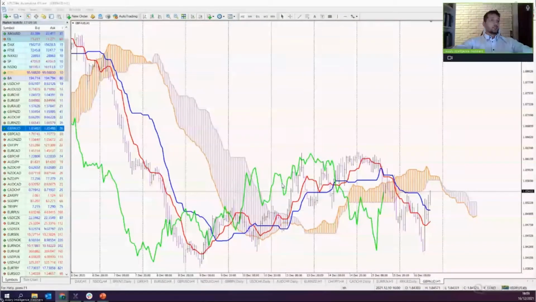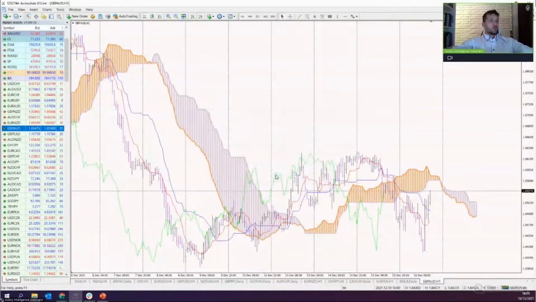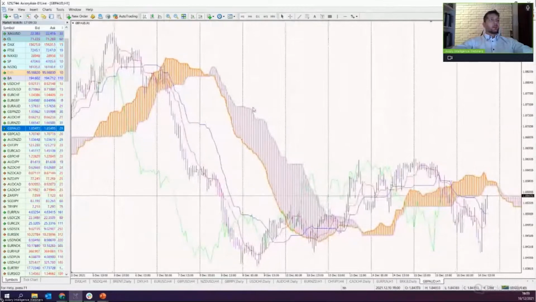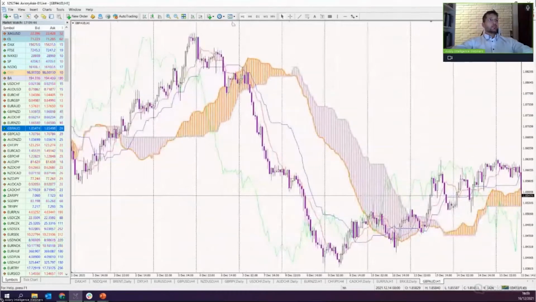Actually, let's do it like this: I will leave only the Kumo and make it more visible. And let's go with candles. So you can see that the Kumo is left and the candles are in. And this is an absolutely random chart. I didn't set it up to show you that it works or not.